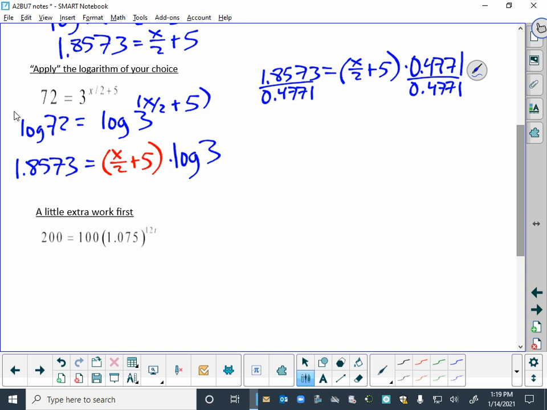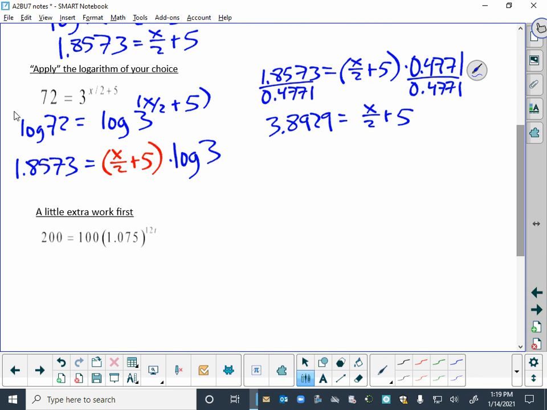So I'll go to my calculator again, 1.8573 divided by 0.4771, and I get 3.8929 is equal to x over 2 plus 5.